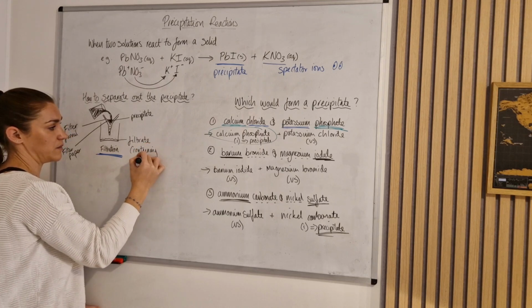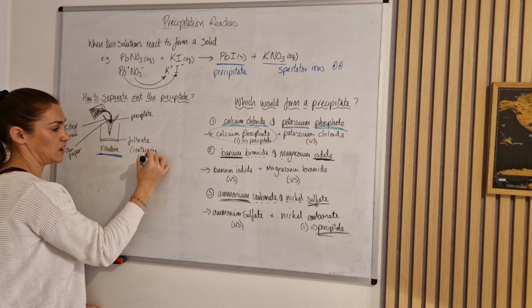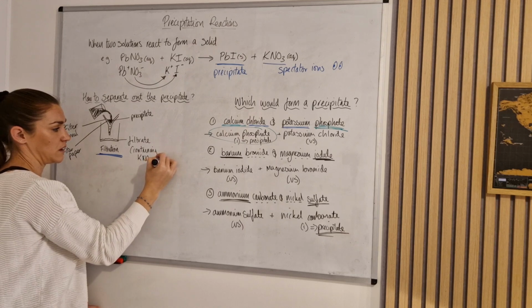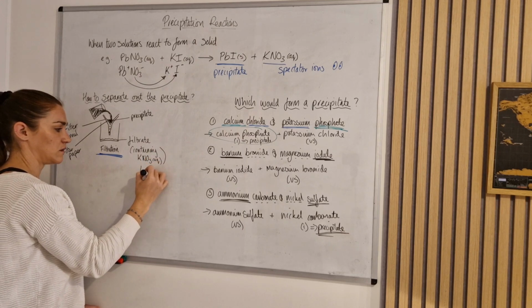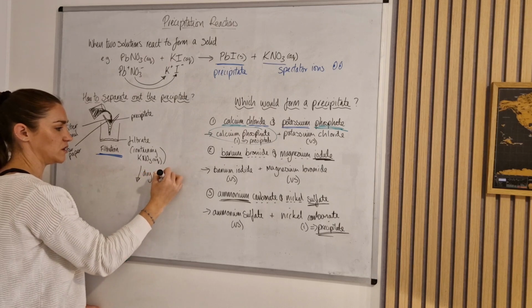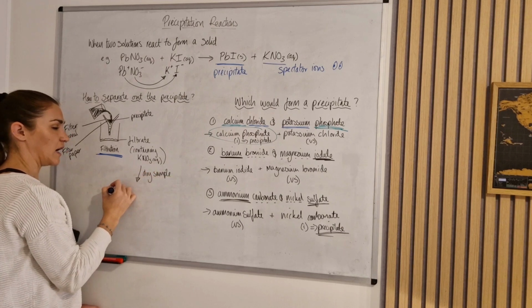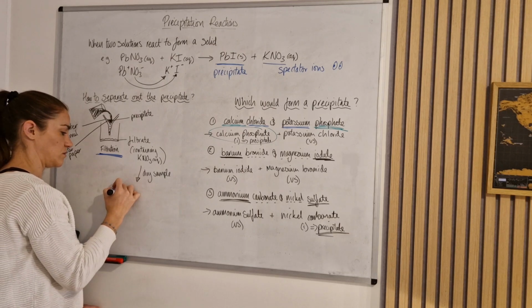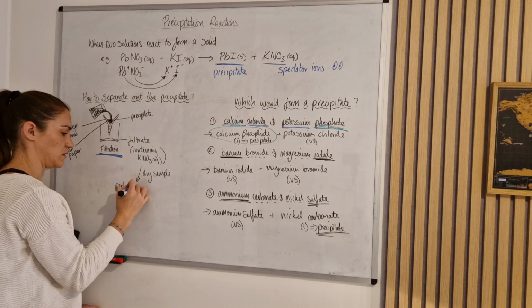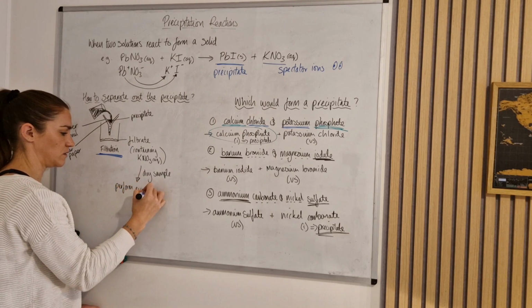So in this case, that will be containing the potassium nitrate. Okay, if we want a dry sample of that, all we need to do is take the filtrate and perform evaporation.